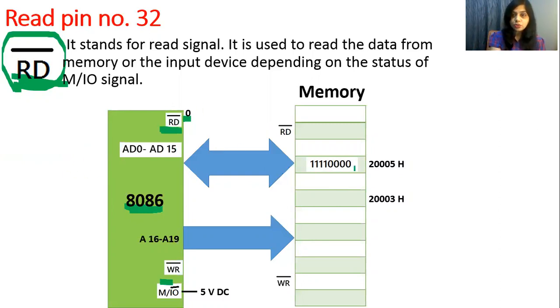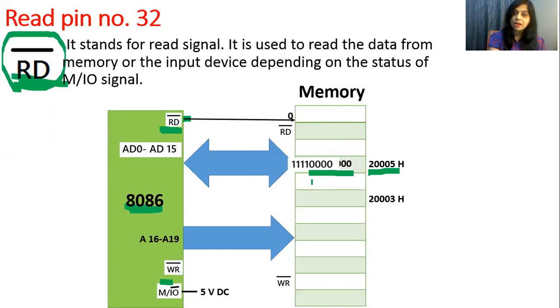So let's assume that some data, 11110000, is stored here in the memory. This is the address of the memory location. So 8086 will first transfer this address to the memory. Now it wants to read that data from the memory, so it will transfer logic 0, you can see here, logic 0 on the read bar pin to the memory.